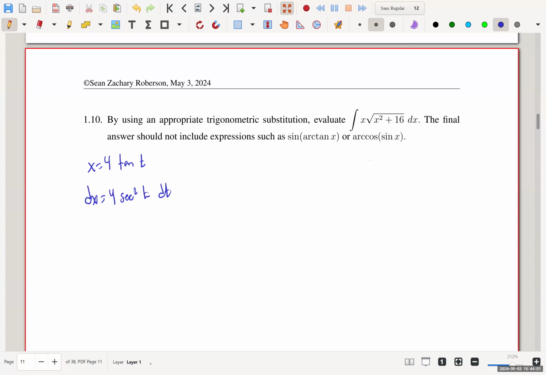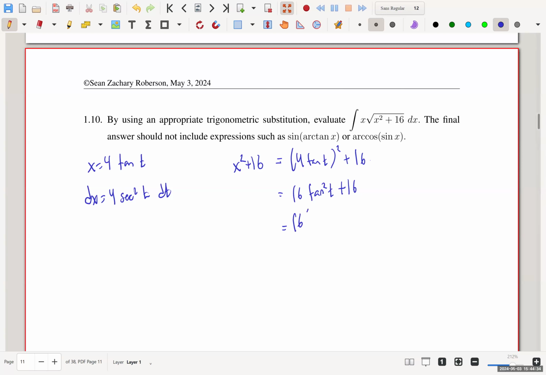Now, why does this work? Well, let's plug in and see what happens. x squared plus 16, if I plug in x for what it is now as a function of t, is 4 tan t squared plus 16. We got the square of a product, so it's going to be the product of squares. 4 squared is 16. 16 tangent squared t plus 16. I use the other f word, factor, to pull the 16 out.